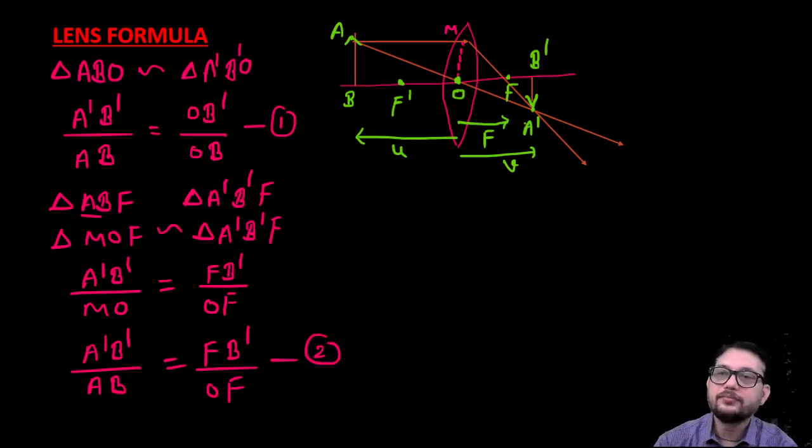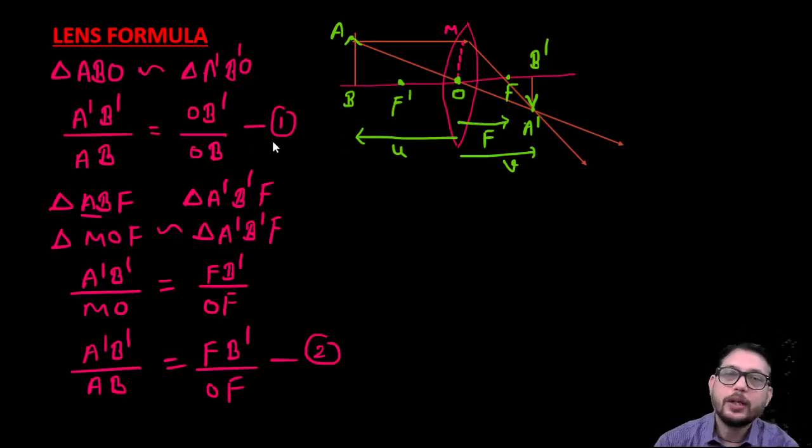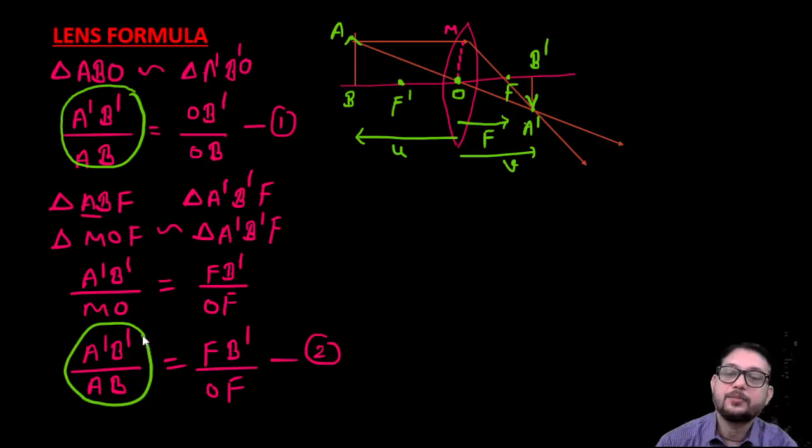Now what? As you can see from equation first and second, this is your equation first and this is your equation second. From equation first you can easily see that one side, A dash B dash upon AB, is quite similar to one side of equation second, that is A dash B dash upon AB. It means if one side is the same, then the other side must be equal.